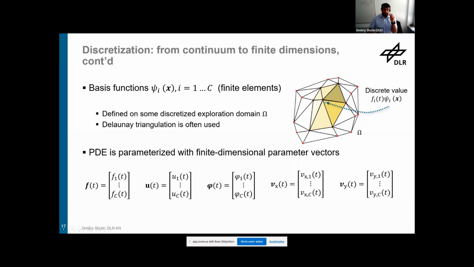So it has a center where it's 1, and at all other nodes, this function is 0. And between nodes, just planes, right? You can think of it like a pyramid in space. And this is a function that you use to represent your space. So it's effectively a discretization of the space.